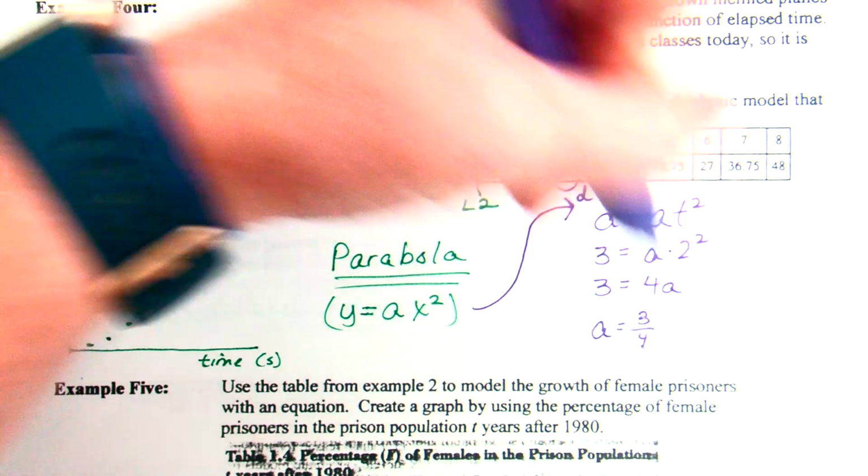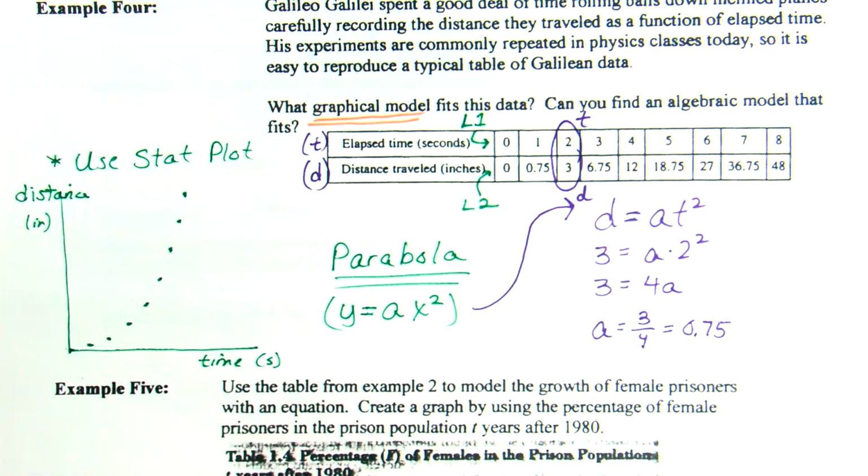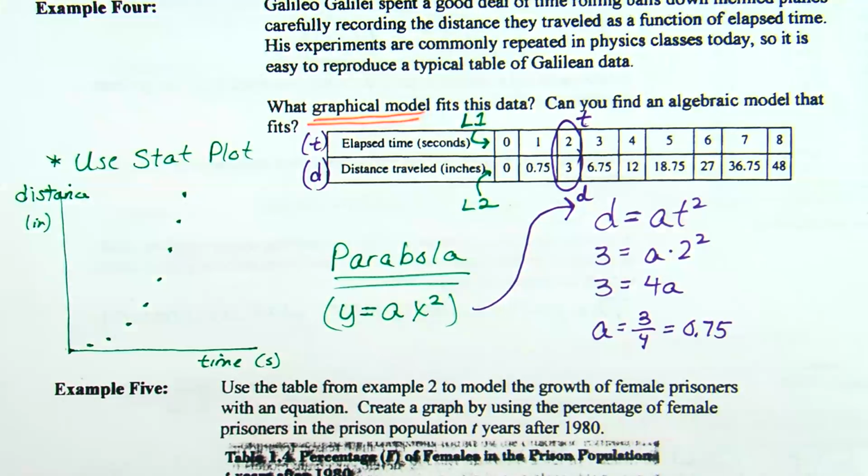And then if we solve for a, divide by 4. And a is, my brain says 3/4. If you are a calculator person, you're saying 0.75. Officially, does it matter which we use? Doesn't matter. My answer key looks like I used 0.75 in my equation.